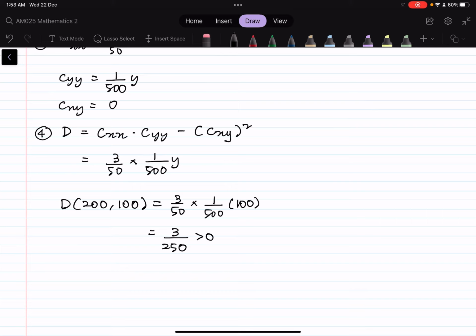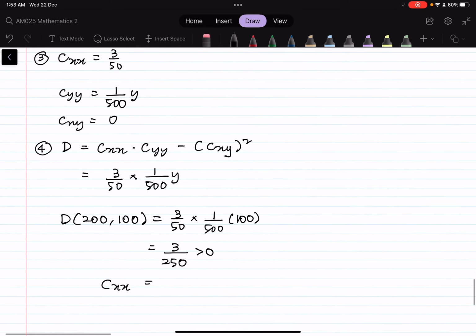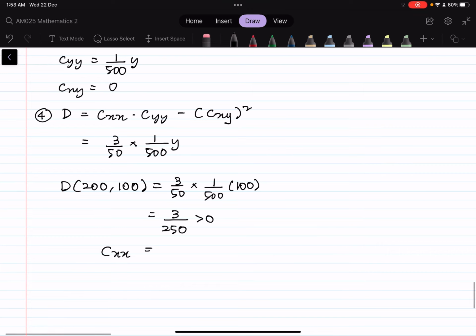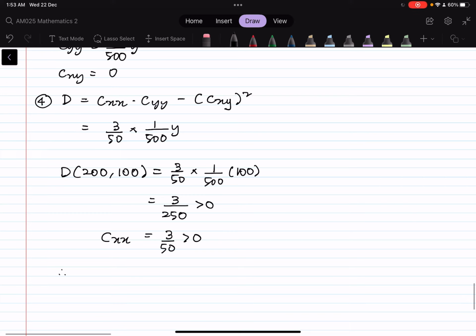And we need to check c sub xx. Is c sub xx positive? Yes, 3 over 50 is positive. So we know that our point is a minimum point.